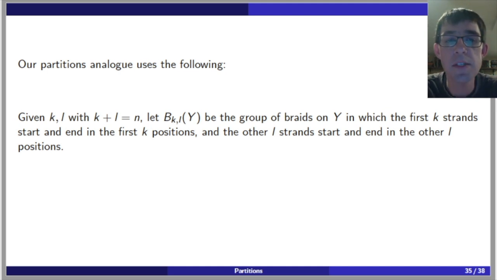So I'm not saying every strand ends up where it started, but you can break the strands into two sets which keep to themselves. During the braid, they might wrap around each other within these two sets, but just according to where they start and where they end. The first K things start and end in the first K positions, and the next L things start and end in the next L positions.